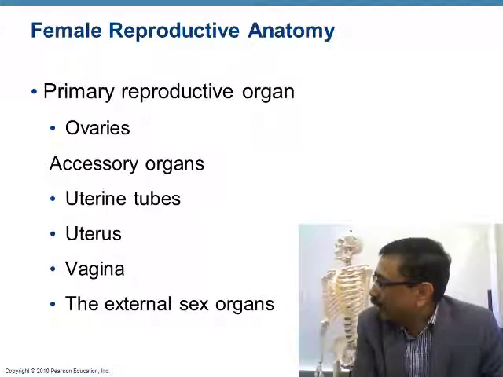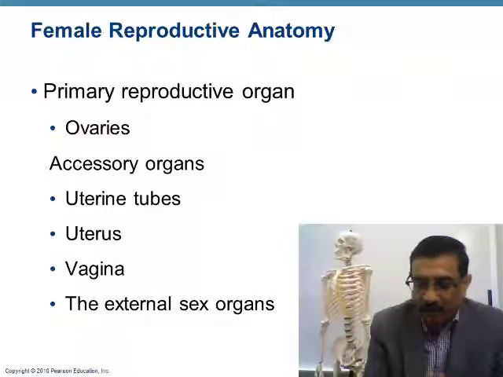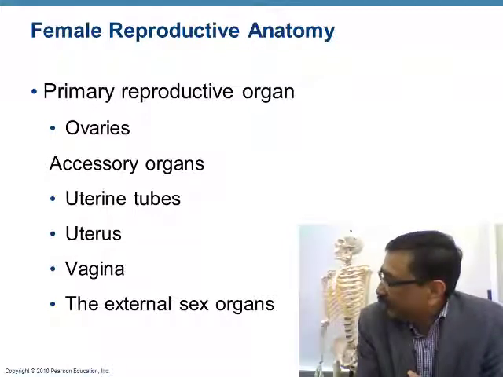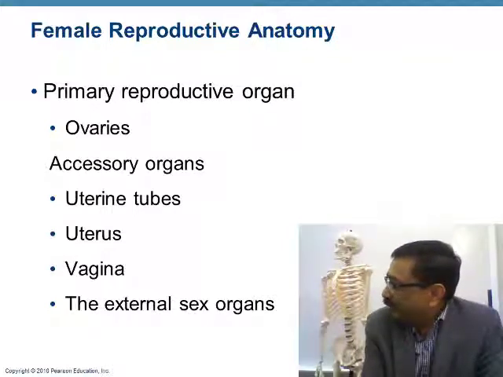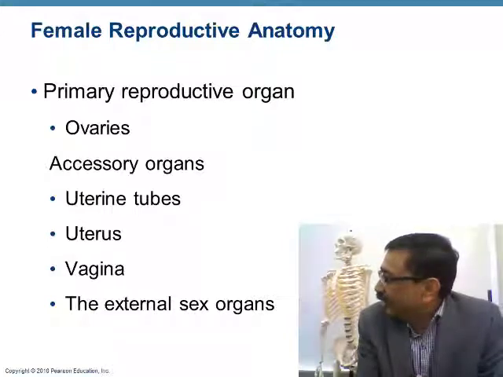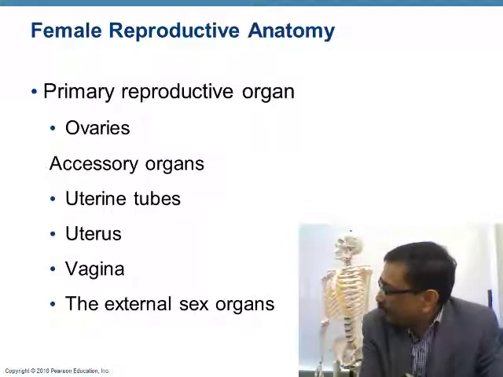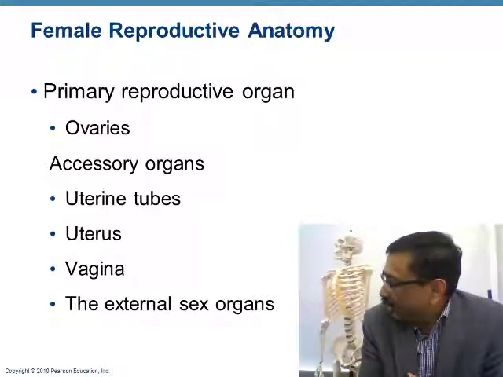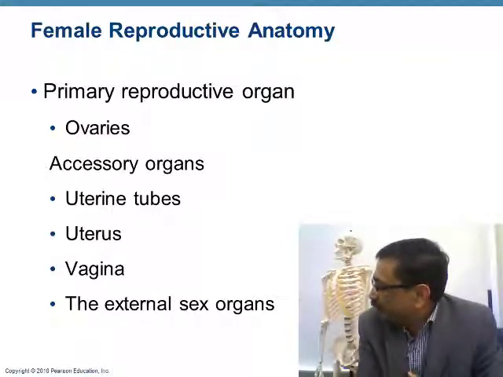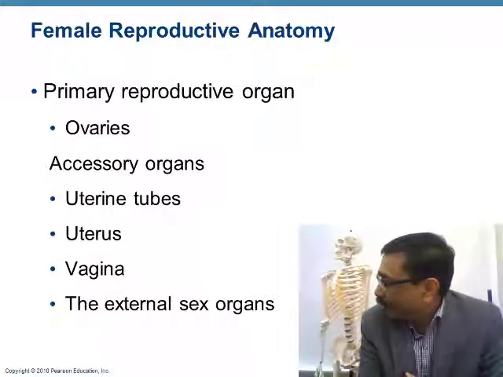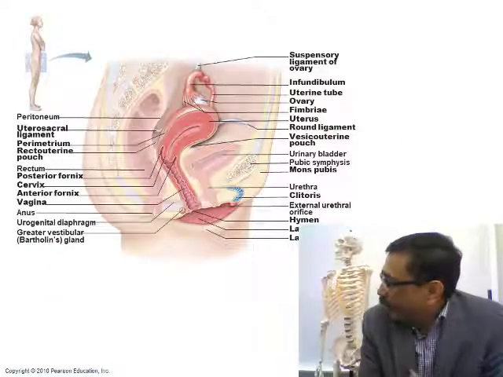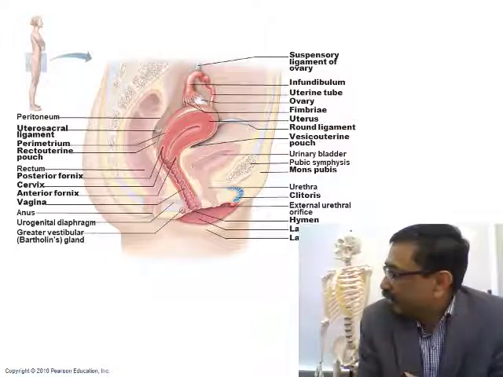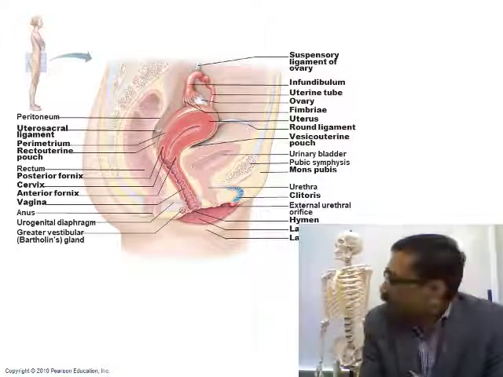So you see one ovary because you are looking at one half of the body. So you see one uterine tube. You see half of the uterus, right? You see the vagina and external genital organs: labium majus or majora, labium minus or minora, hymen, clitoris. Those are the external genital organs.